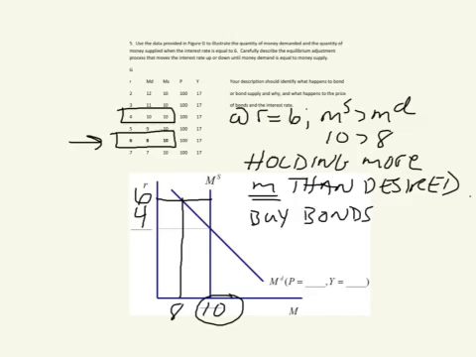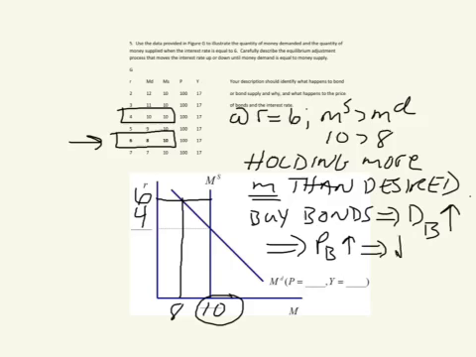Now, if everybody does that, then the demand for bonds goes up. And if everyone wants to buy bonds, the price of bonds goes up. And there's an inverse relationship between interest rates and bond prices. So when the price of bonds goes up, the interest rate goes down.